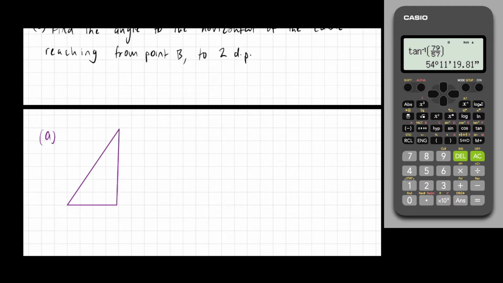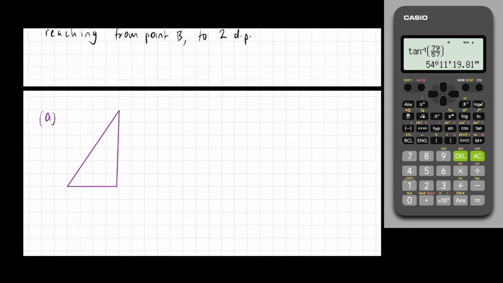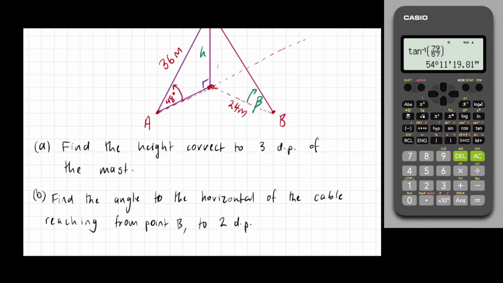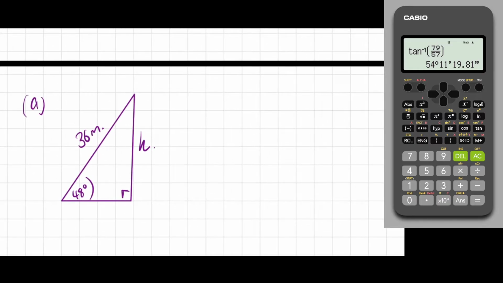Well, what we know is that the angle in here is 48 degrees. We know it's a right angle triangle, and we also know this length here is 36. And this is our height here of our shape. So this is the height of our pole.